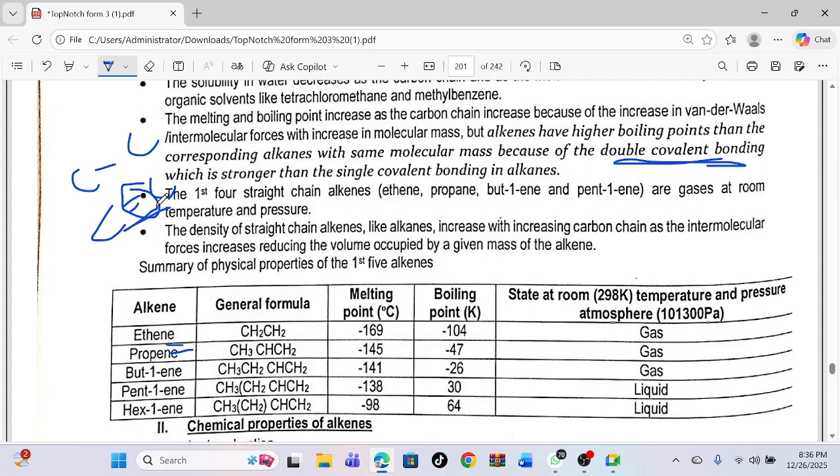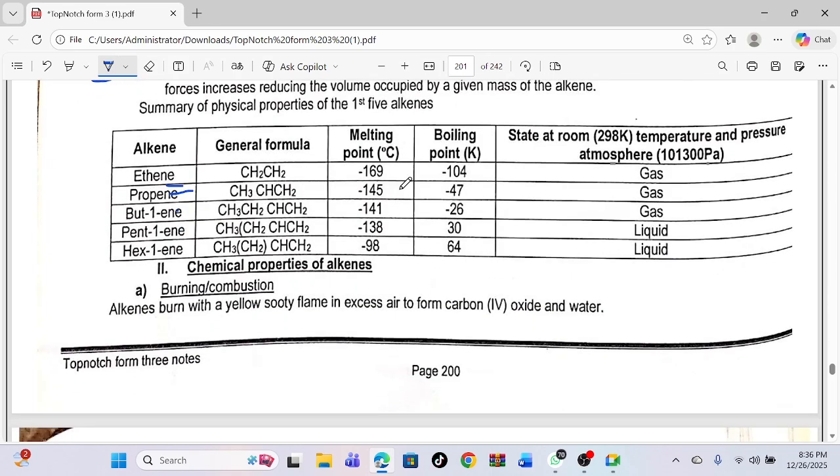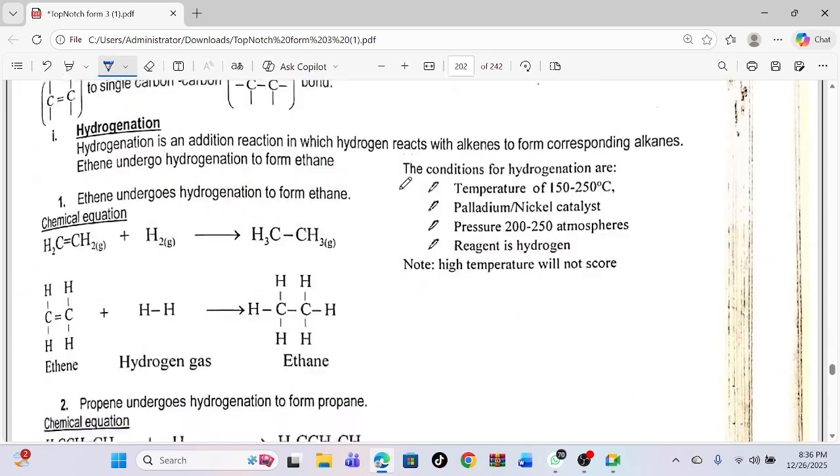So unasemaje? Wakikwambia compare the boiling point of propene and propane, you say that propene has higher boiling point than propane because of the double covalent bonding, which is stronger than single covalent bond. So that's all about the preparation of alkenes.